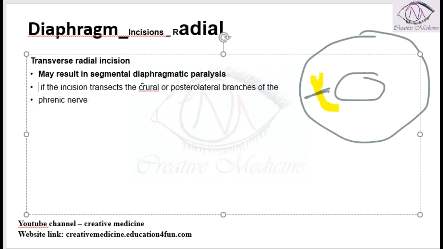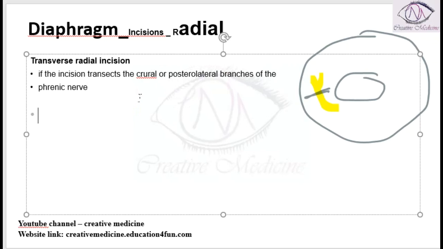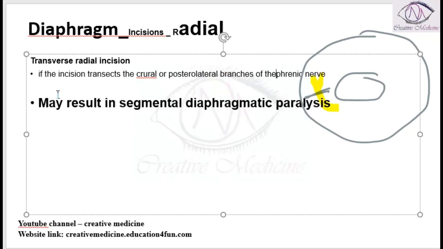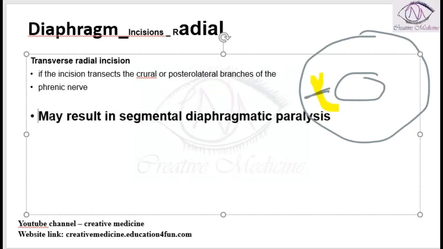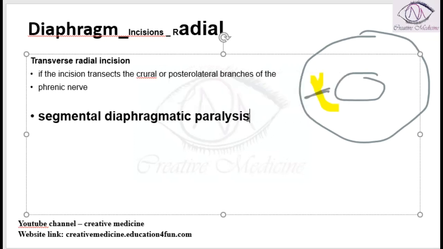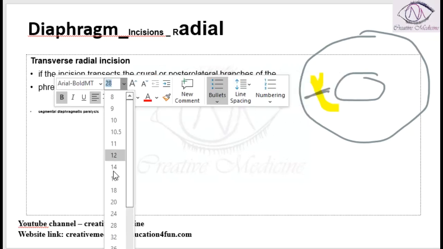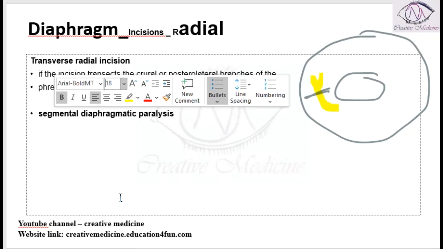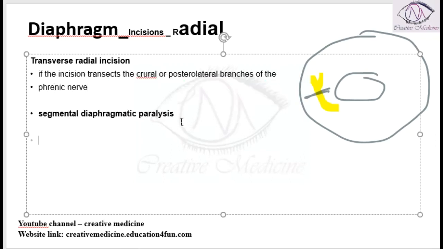Because it intersects the branches of the phrenic nerve, especially the crural and posterolateral branches of the phrenic nerve, segmental diaphragmatic paralysis is common with this transverse radial incision. But the thing is, this transverse radial incision is relatively safe.